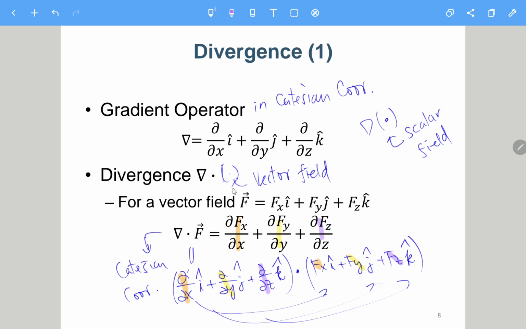So which means that if we have a vector field, we take the component along each axis, take the partial derivative in that direction, and then add them together. So the result becomes a scalar field.